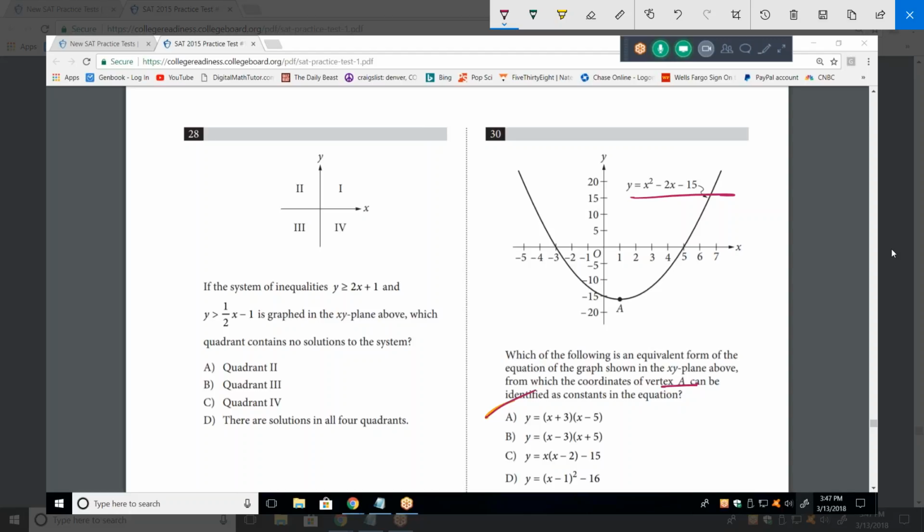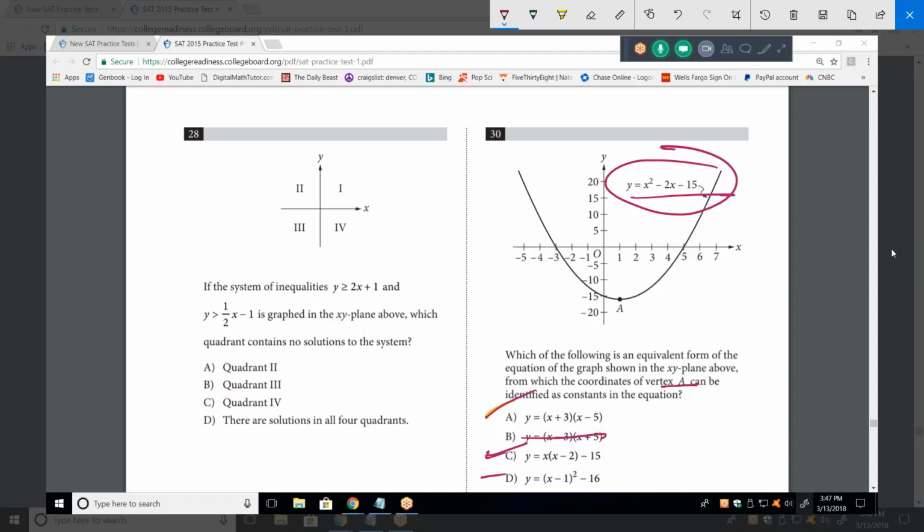This is incorrect. That doesn't factor that way. This one might be correct, but that's not really any format. This one also does equal that, but again, it doesn't tell you where the vertex is.